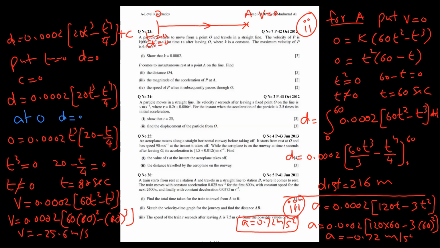Common sense: when the particle goes away, the velocity is positive; coming back, the velocity is negative. That is why I'm getting the negative sign. But what is being asked is the magnitude, so you can write it without the negative sign. If we ask for velocity, then okay, but you are asking for speed, so I must eliminate the minus sign. Compulsory. So Alhamdulillah Rabbil Alameen, this question is completely over.